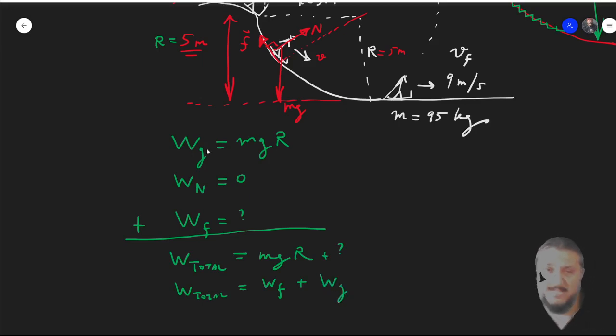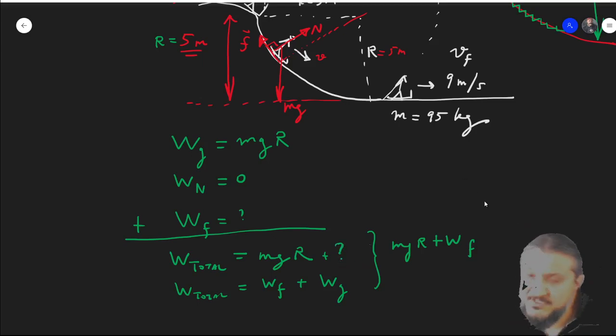Okay, so you add the left-hand side: no work done by normal force, work done by gravity plus work done by friction is equal to total work. So mgR plus work done by friction, that's the question mark here. I just added the right and left sides.